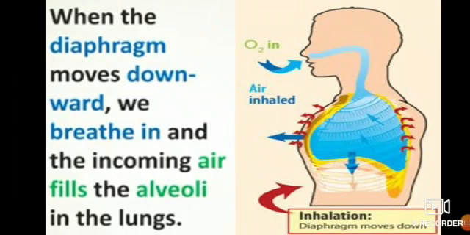And so the diaphragm becomes big. It moves down. So maximum air or maximum oxygen which we take inside goes in the lungs, and lungs also become big. So it's like a balloon shape.